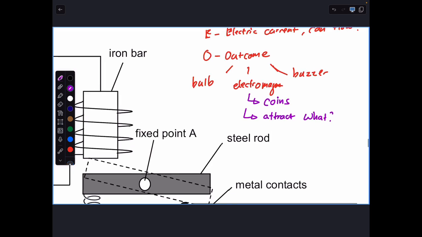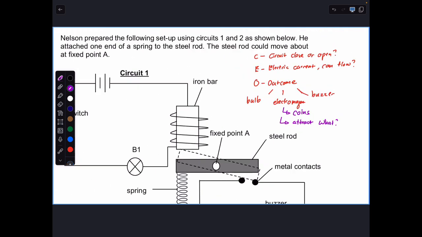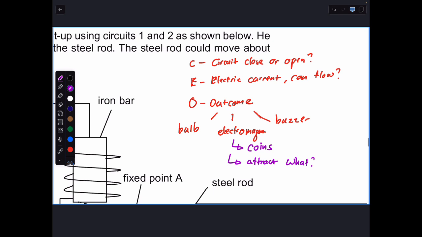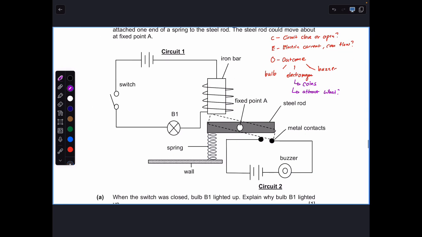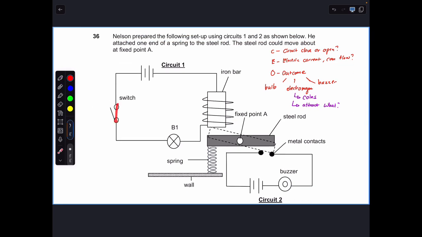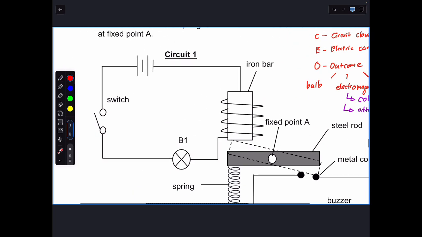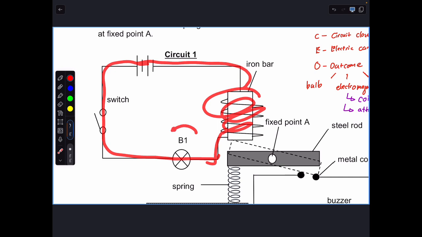After you figure this out, the next thing you want to do is run through the circuit to understand what actually happens before you even attempt the questions. For example, when this switch is closed, electric current flows through, and this bulb will light up.